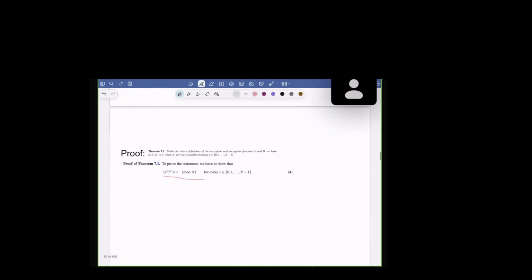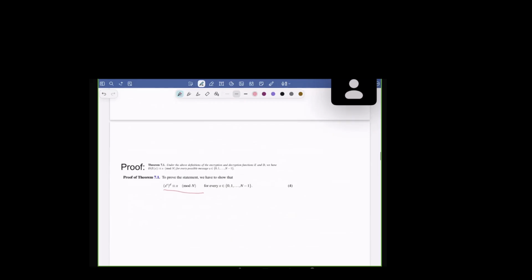So when it says definitions, I'm referring to the ones I've written to you before. You have encryption and decryption, E and D. If you were to decrypt the encryption of X, you would get X mod n. That's the idea.